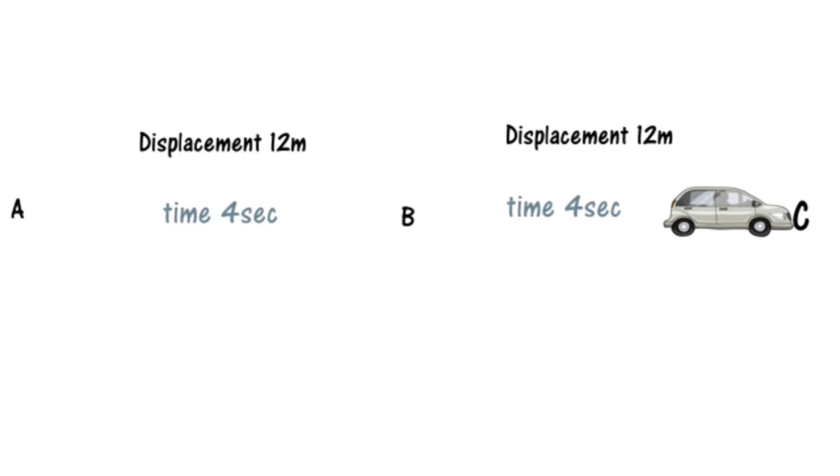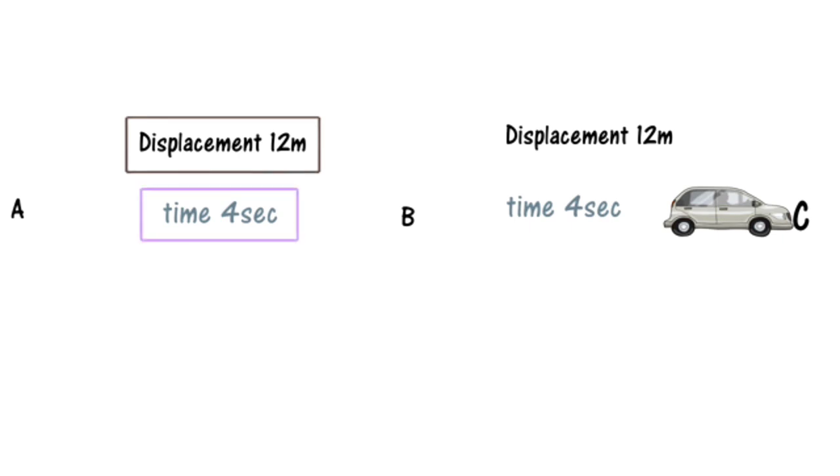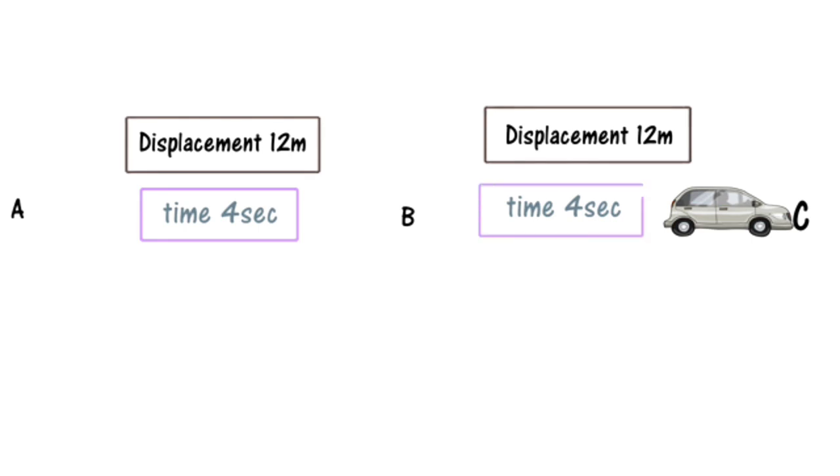Now here, the displacement of the car from point A to point B is 12 meters, and the time taken is 4 seconds. Similarly, the displacement from point B to point C is 12 meters, and the time taken is 4 seconds.